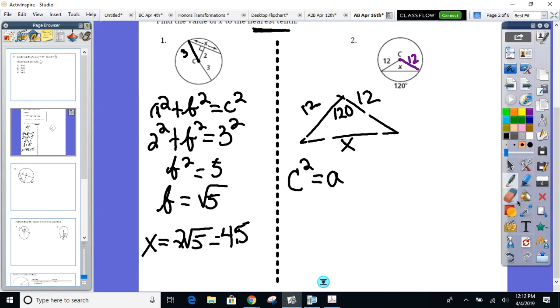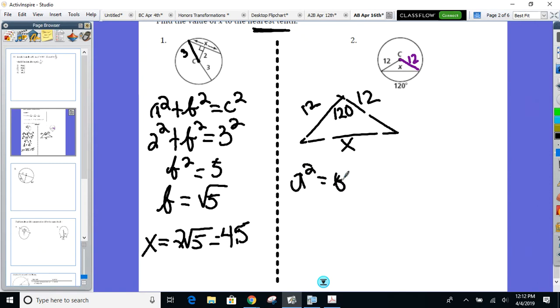Oh, I got it backwards, excuse me. Try that again. A squared equals b squared plus c squared minus 2bc cosine A. Let's review how to use this again. What you plug in for A is the side across from the angle in the problem, which is 120 for us. Side across is x.